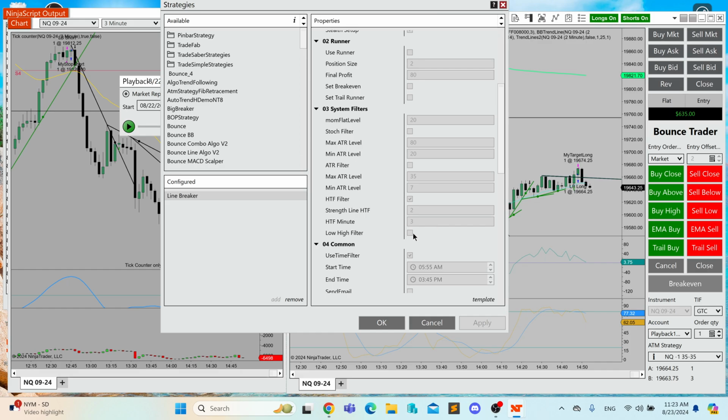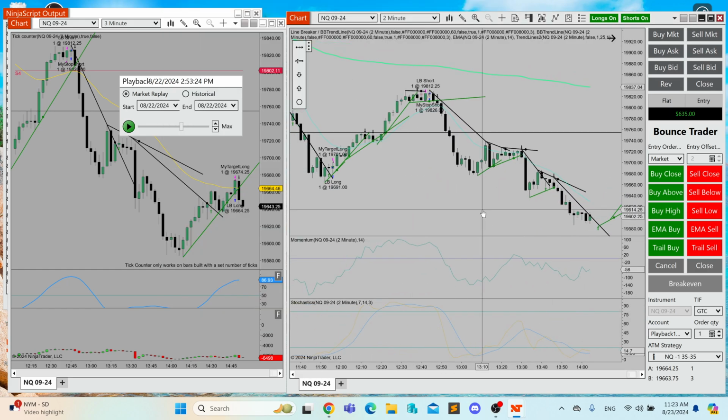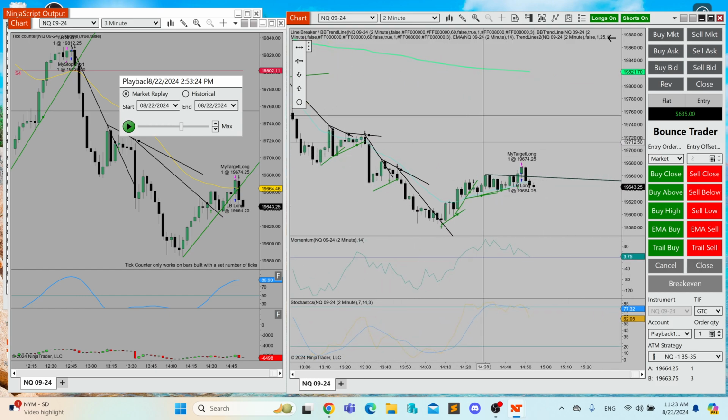And this low high filter is when the close has to be below the previous low or higher than the previous high. So in this case, this was our trade.